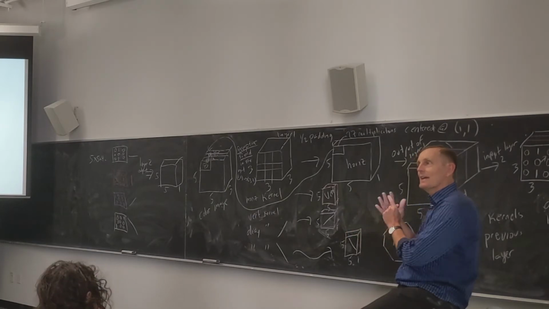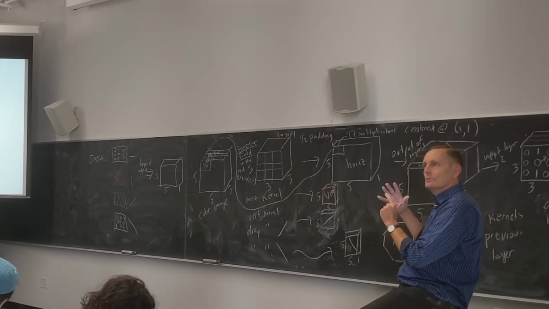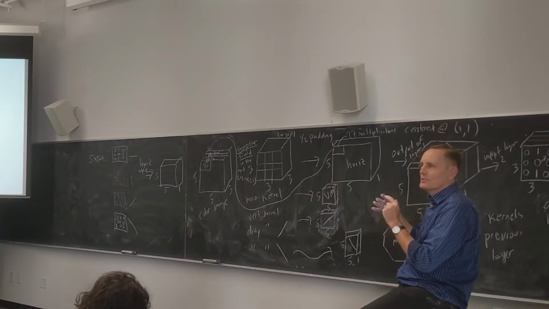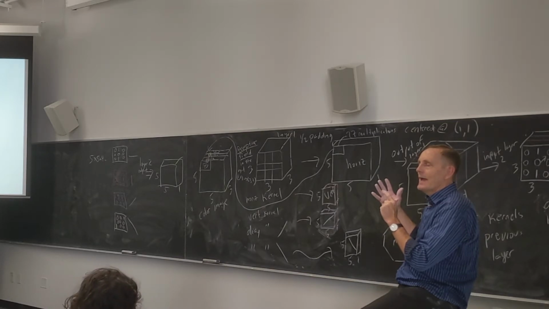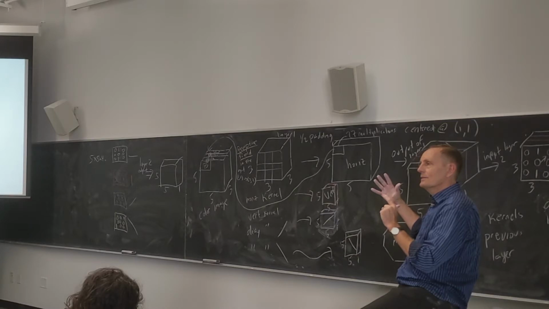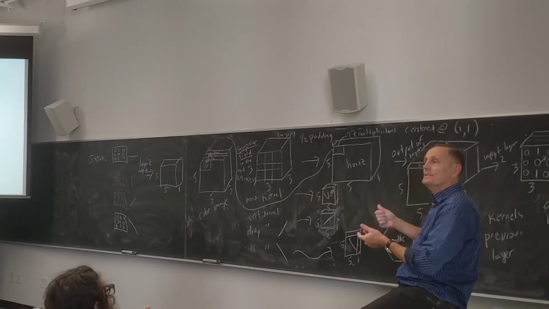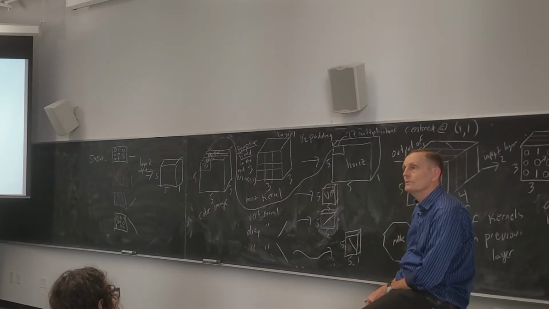Their outputs get stacked together into another 3-dimensional tensor. Tensor is just like an n-dimensional matrix. Okay? And the depth of that determines the depth of the convolutions in the next layer. All right?